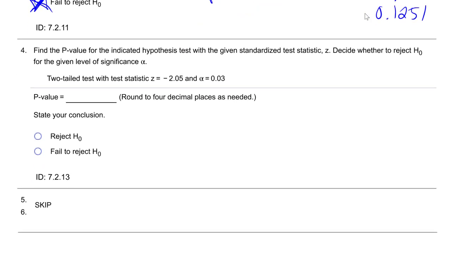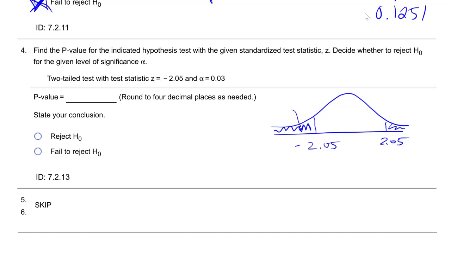How about a two-tailed? Okay. With z of negative 2.05, and then it must be 2.05 for a two-tailed. What we're going to do now is figure out this area here, and then we're going to have to double it, of course.